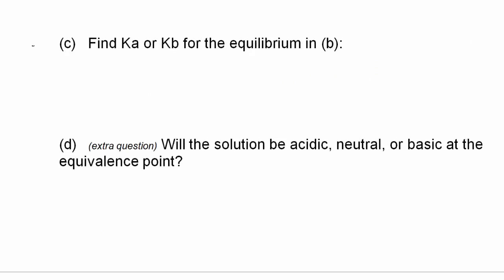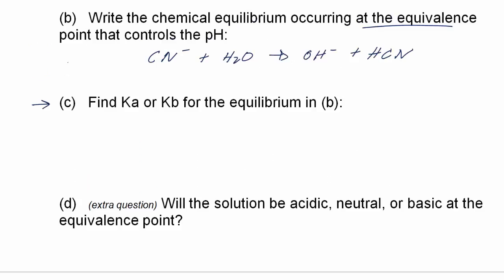Find the Ka or Kb for the equilibrium that we just wrote. Well, it's a Kb, so Kb, recall, is Kw all over Ka. So it's 1 times 10 to the negative 14 divided by the Ka.